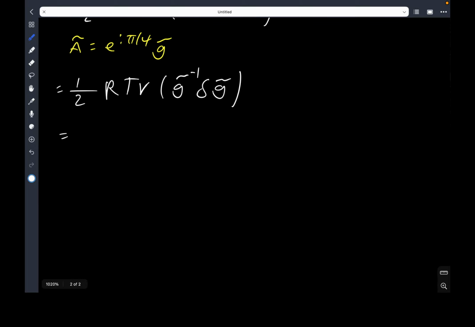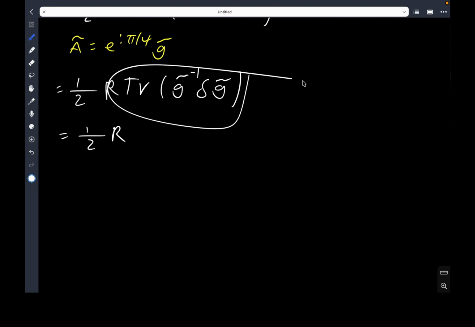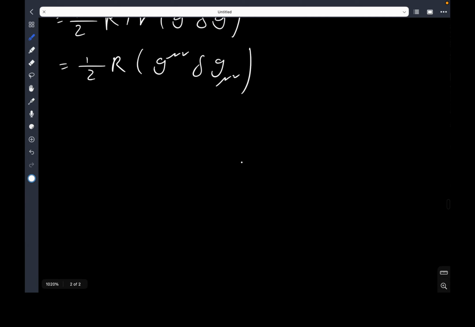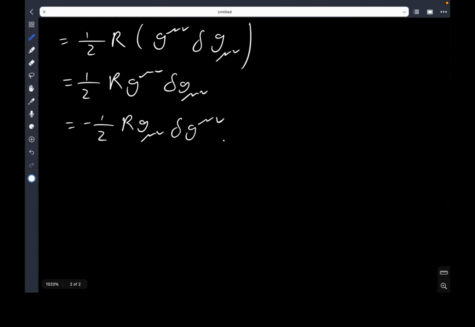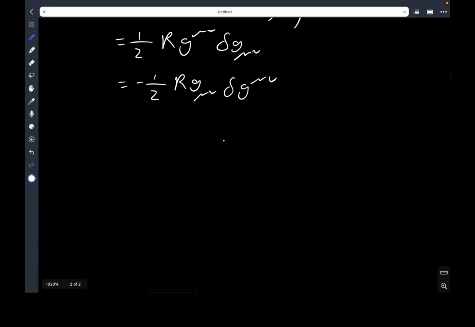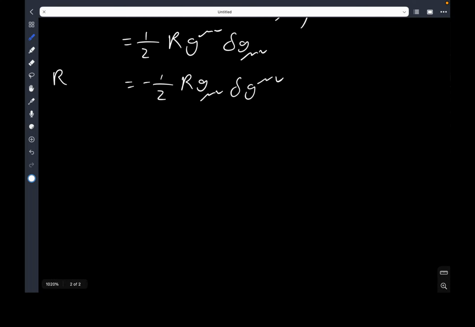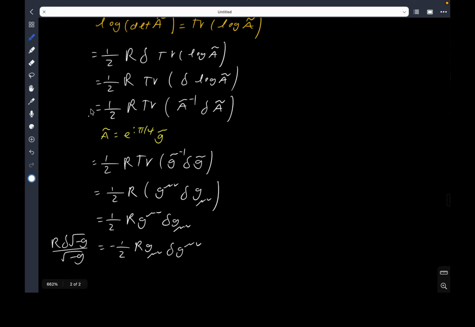So the trace of this thing is going to be g mu nu delta g mu nu, which is half R g mu nu delta g mu nu, and it can be written as negative half R g mu nu delta g mu nu, contravariant version of it. So this is our delta root negative g over root negative g term here.